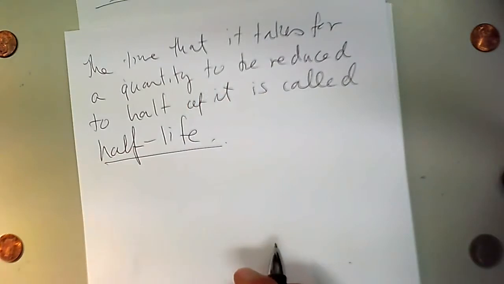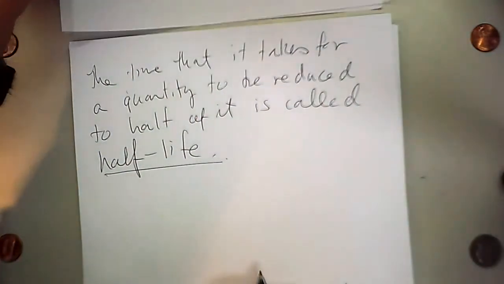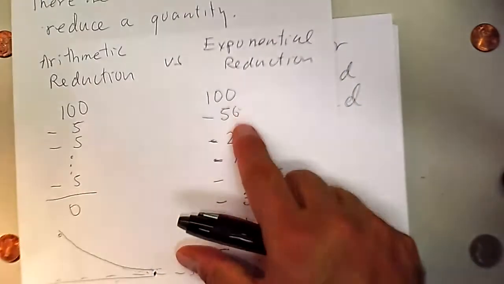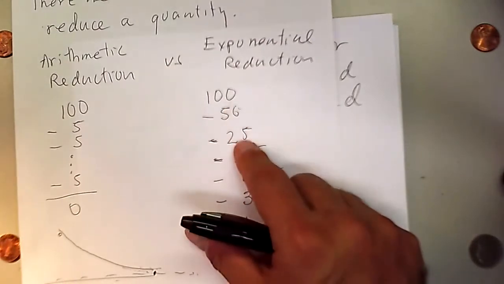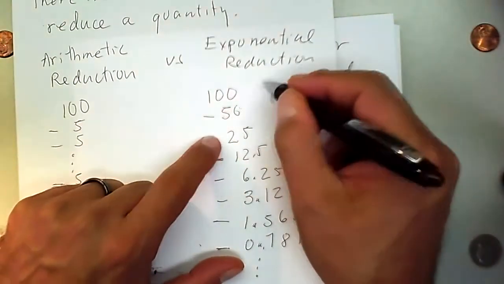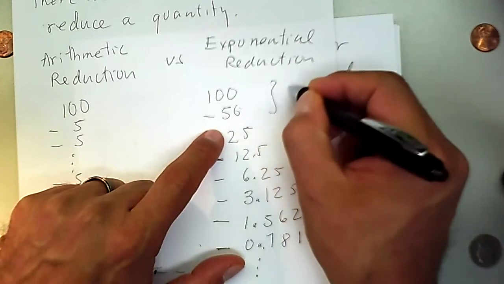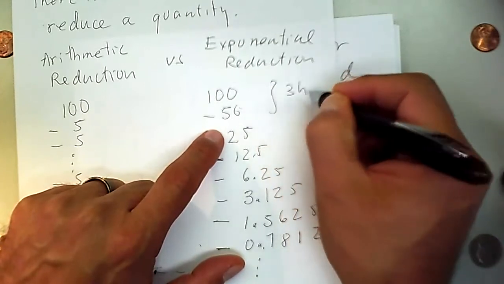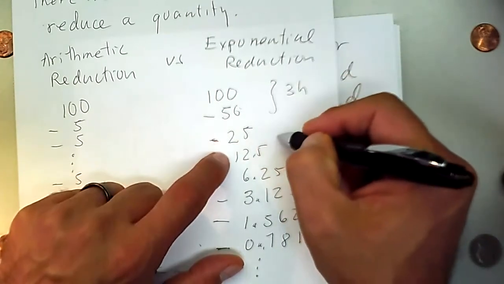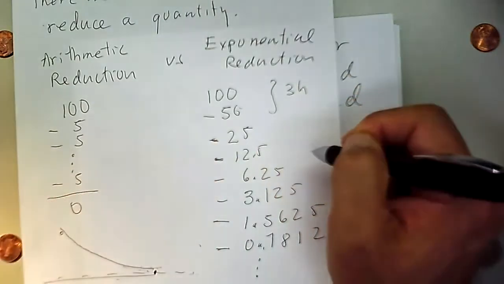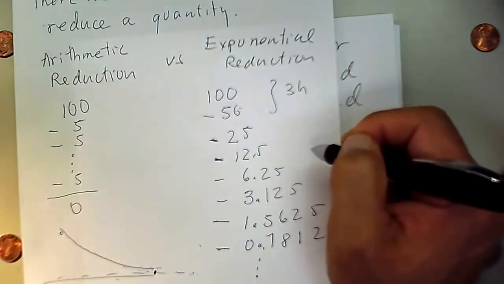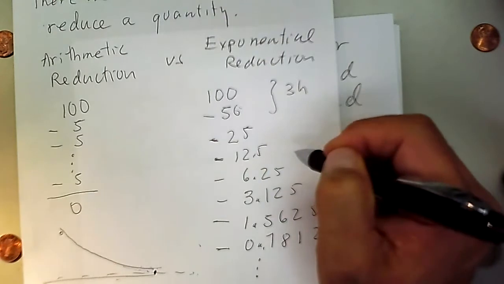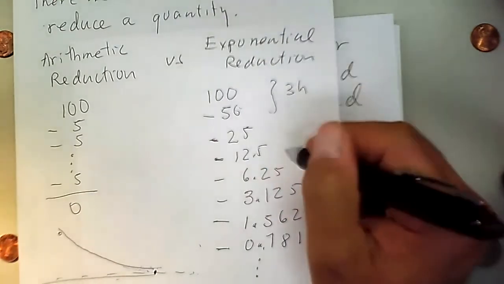Okay. So in the experiment that I made up here, this is just a made up problem, I'm saying the half-life is 3 hours. So every 3 hours, this goes down by a half. So the question is, how much is there going to be after 22 hours?